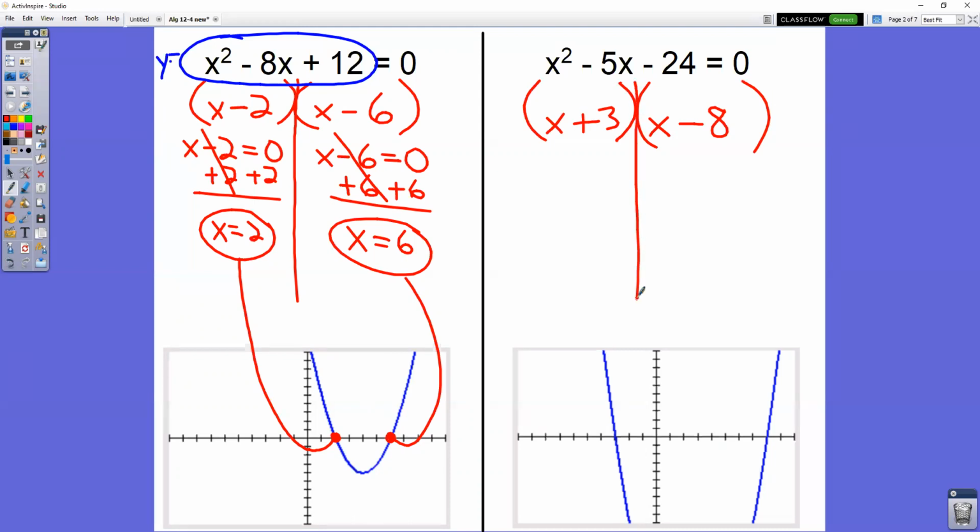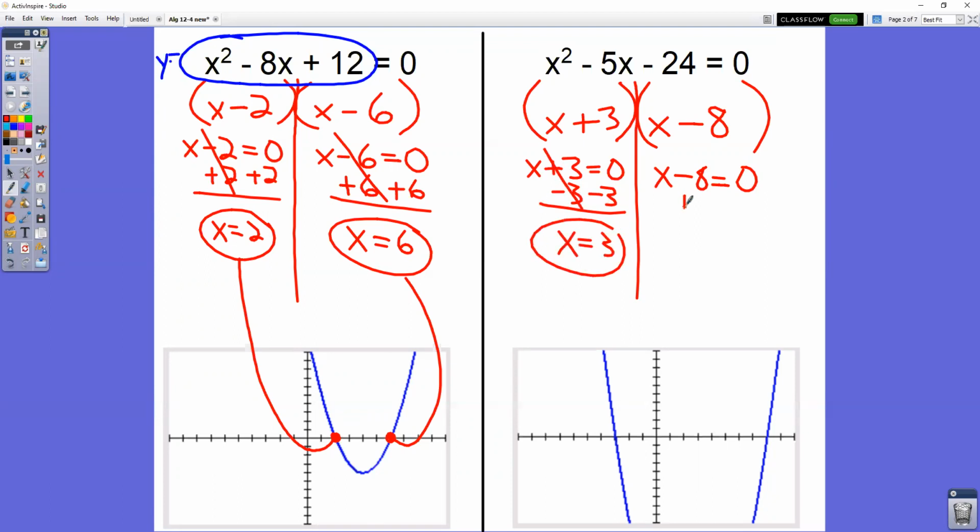After you do reverse FOIL, you draw your line down the middle and set both sides equal to 0. So x plus 3 equals 0, x minus 8 equals 0. Solve for x. So x equals -3, and plus 8 plus 8, so x equals 8.